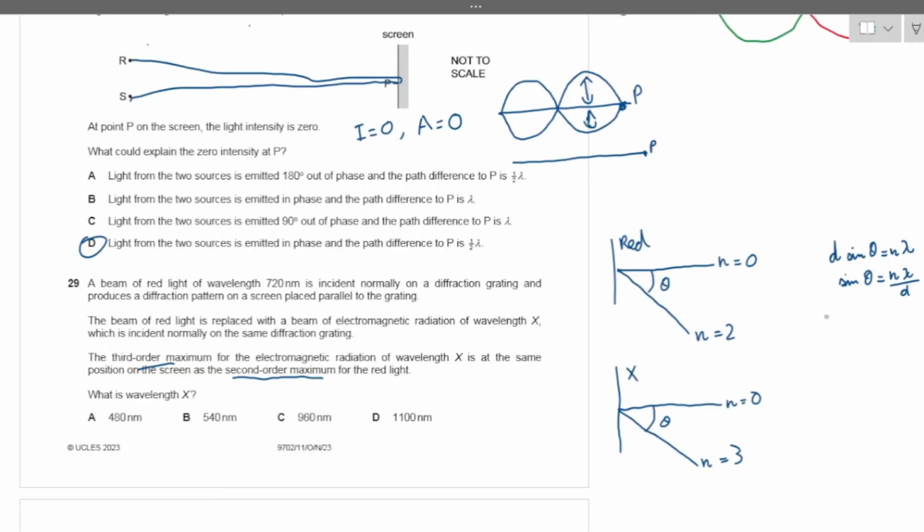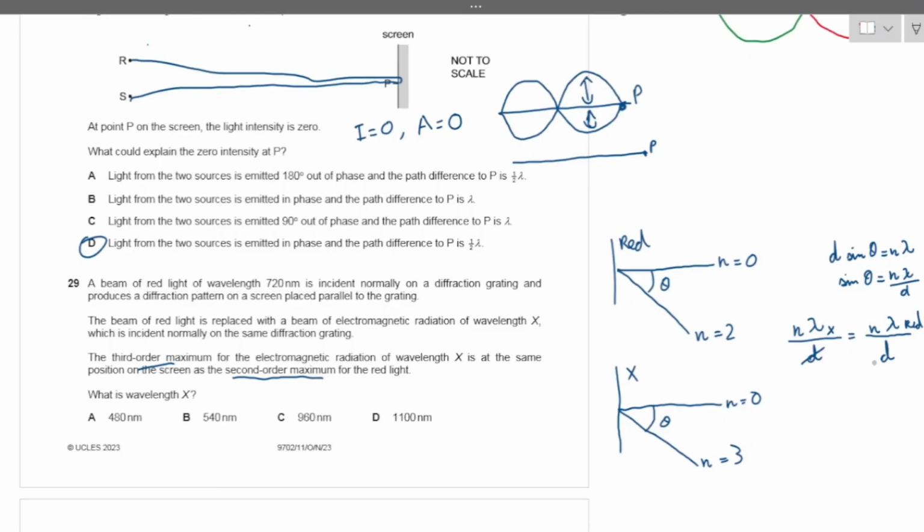So we can then just equate both of the wavelengths together. That would be n lambda of X over d, which is the distance between the slits, equal to n lambda of red over d.